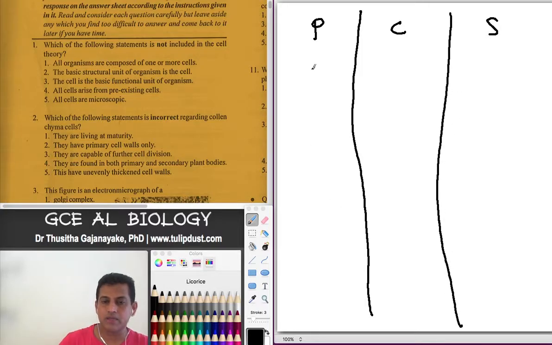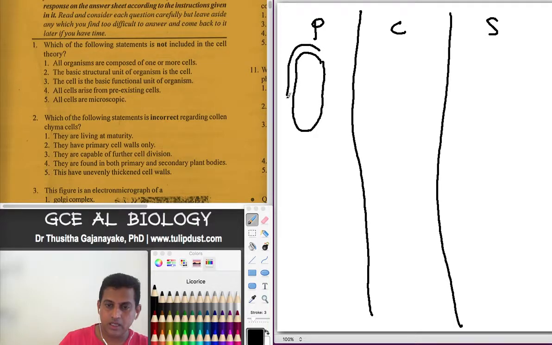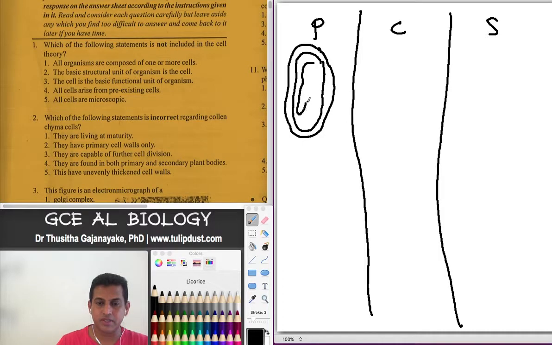Parenchyma cells can be seen in many places in the plant. For example, the palisade mesophyll cell has a nucleus, a vacuole, a chloroplast and other structures. Collenchyma cells we can see like this.